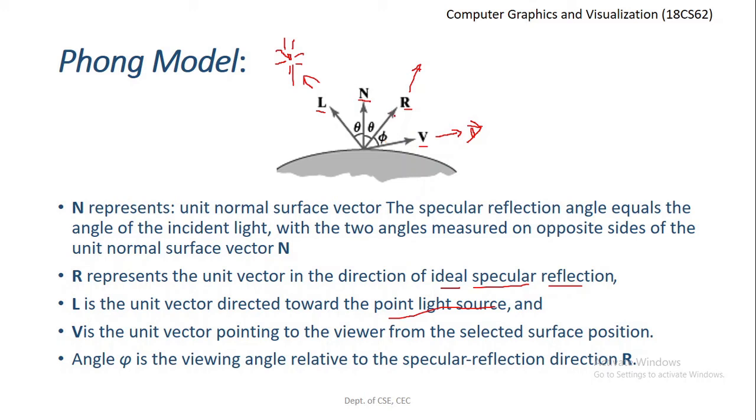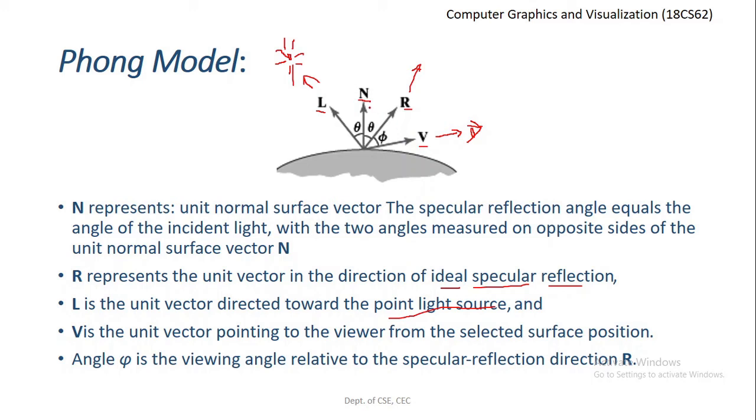Remember, there are four vectors: vector n, which is the unit surface normal vector; the vector r, which is a unit vector in the direction of the ideal specular reflection; the vector L, which is the unit vector in the direction of the point light source; and a vector v, which is a unit vector in the direction of a viewer from a given surface position.